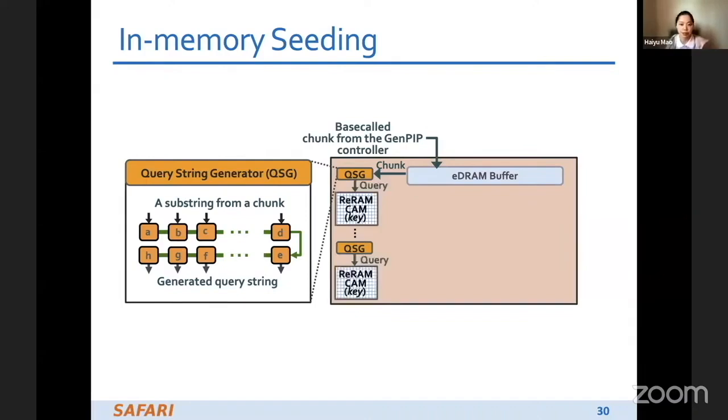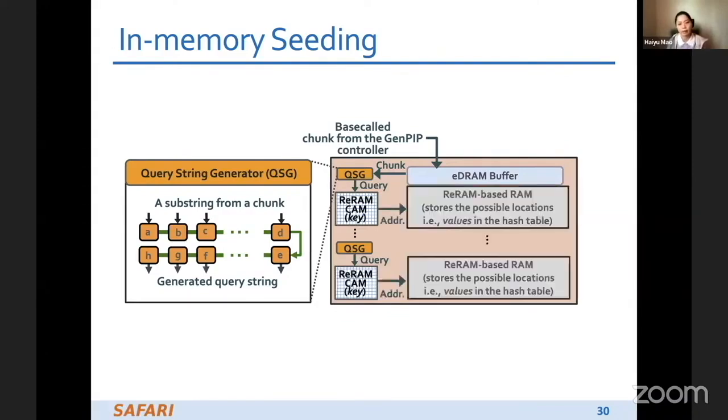And after that, we compare the substring with the keys that are stored in the RAM-based CAM, and get the address to fetch the values, which are the corresponding locations in the reference genome.